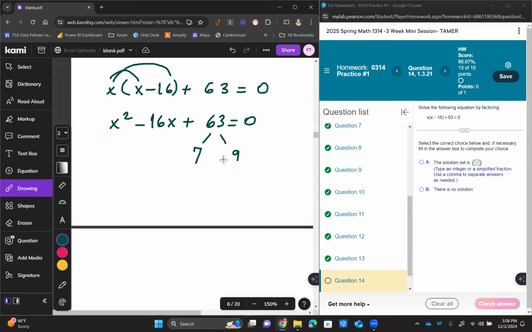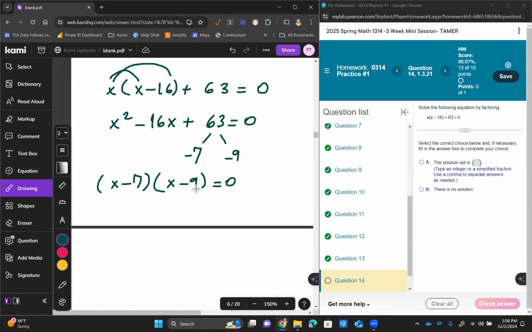But when I add them, the sum is plus 16, but the question wants a negative 16. Therefore, we have to take them both negative. So when I multiply them, their product is still a positive number, but when I add them up, the sum is now negative 16. Therefore, the first factor is x minus 7, and the other factor is x minus 9.